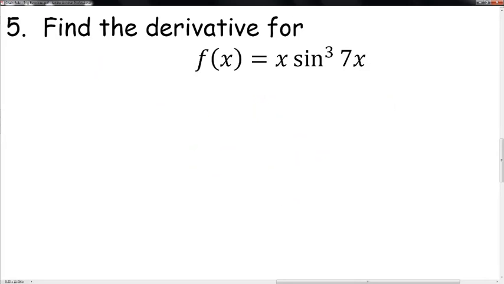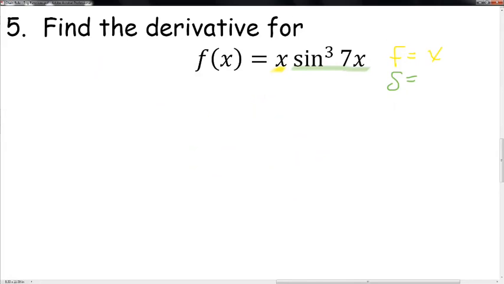Number 5, find the derivative for x times sine to the third of 7x. So first of all, I hope you notice that I have the product rule. Here's the first, and here's the second. My second is written kind of ugly. My first is x.